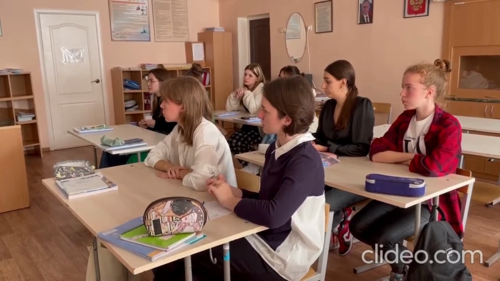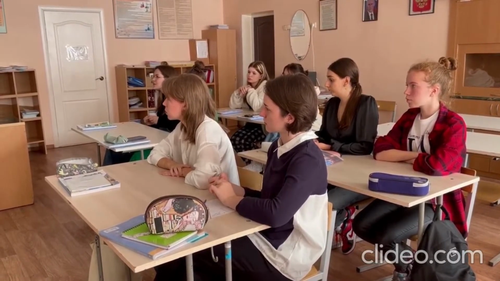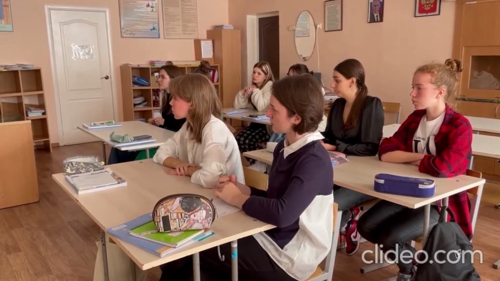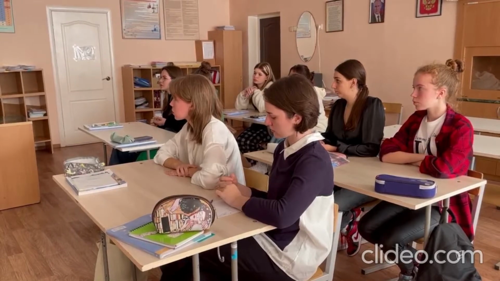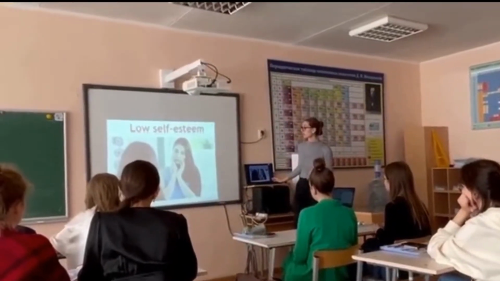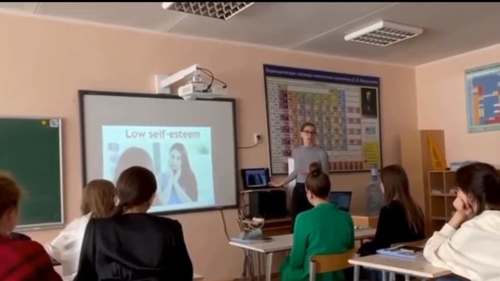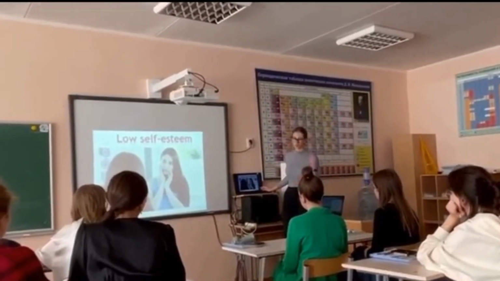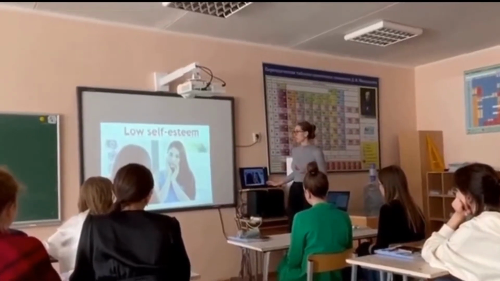Yes, so she looks very sad. Maybe she has low self-esteem problems or something like this. Okay, let's check. Yeah, that's low self-esteem problems, you're right. We can assume it from her emotions. Yeah, she looks really upset and unhappy with her face, with her appearance.